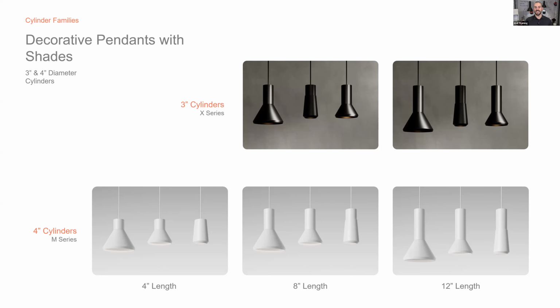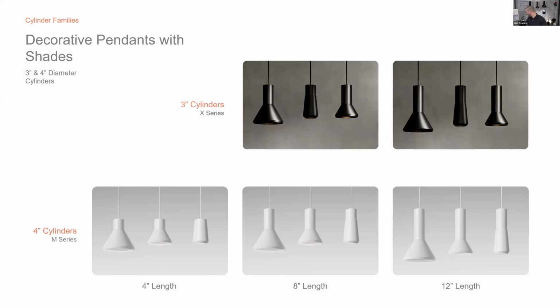So the X series you'll now find under their own spec sheets, and we're transitioning to a new nomenclature. So they're just going to be known as 3-inch and 4-inch cylinders, respectively. So you'll find the 3-inch decorative pendants with shades and 4-inch decorative pendants with shades on our website. But you can see all the combinations here with the narrow, medium, and large shade.